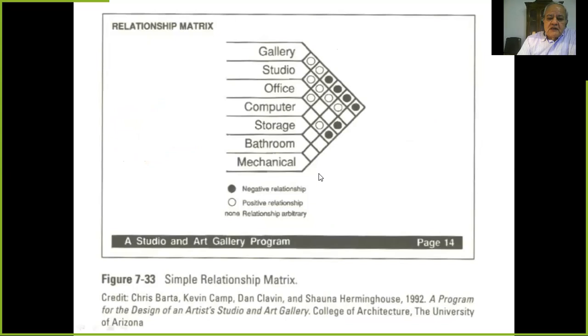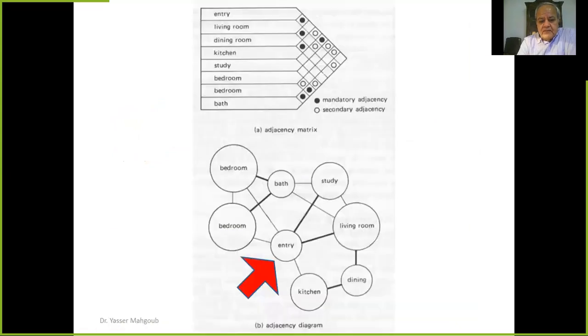After you understand these activities, you start to identify the relationships of each item to the other item. So this illustration is usually used to illustrate the relationships between different functions. From this, you start to develop your bubble diagram.